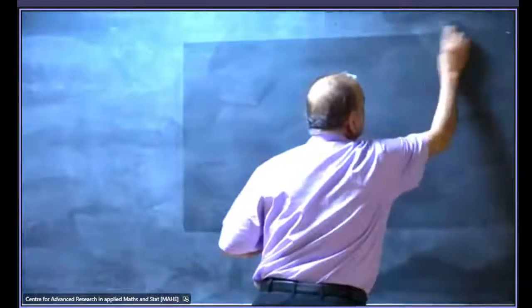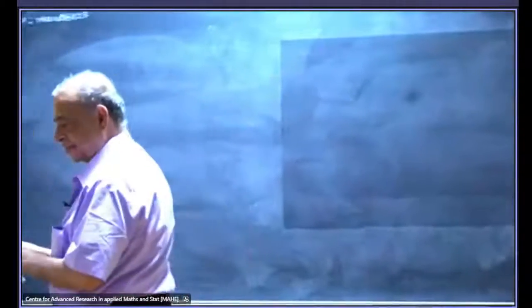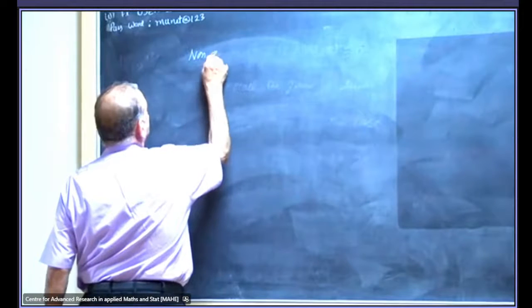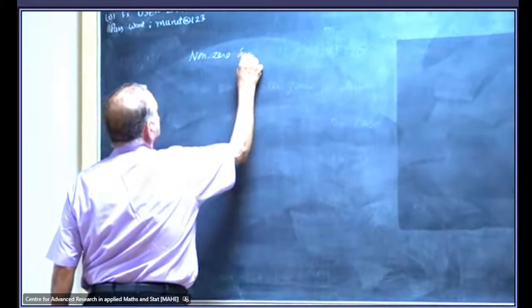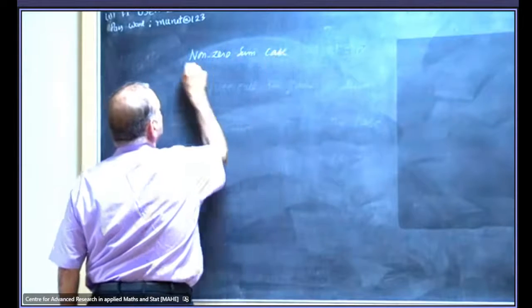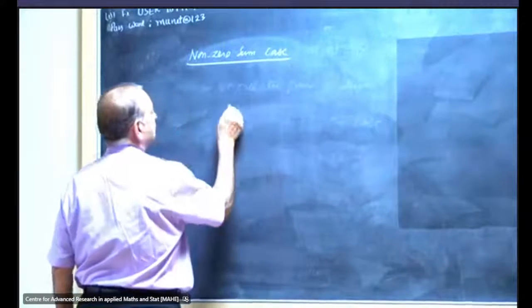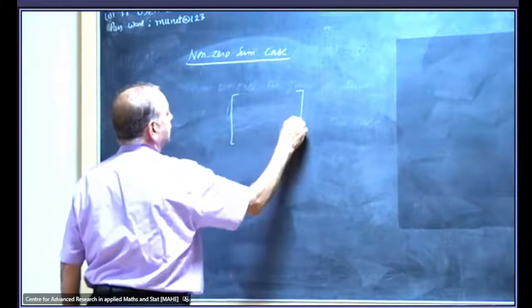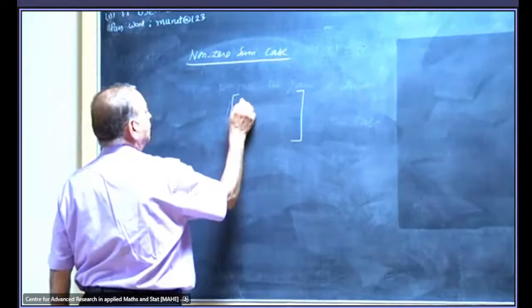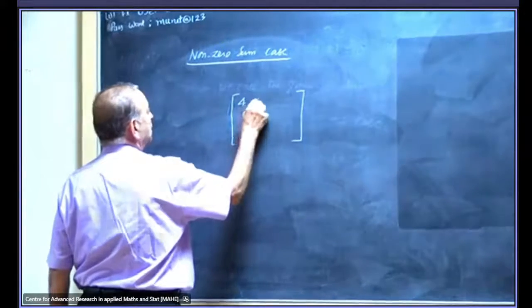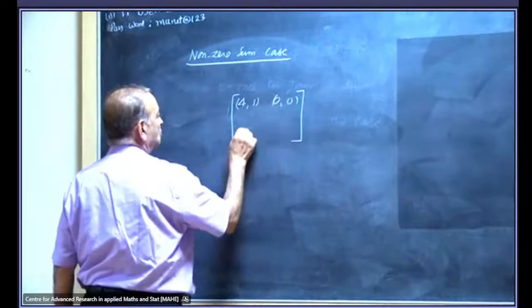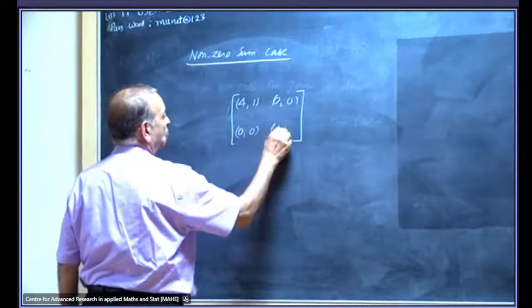I will show you a simple example in the non-zero sum case. I wrote down 4, 1, 0, 0, 0, 0, 1, 4.